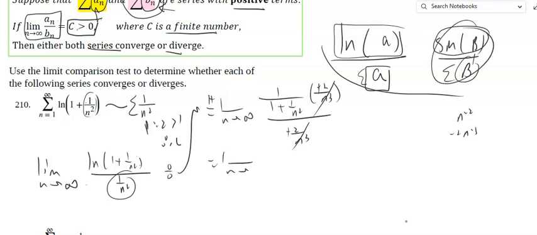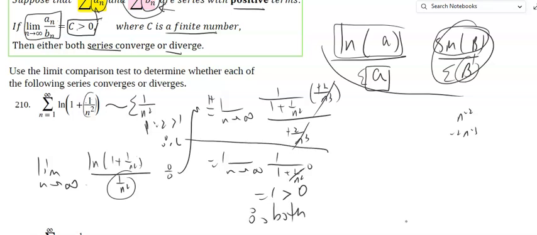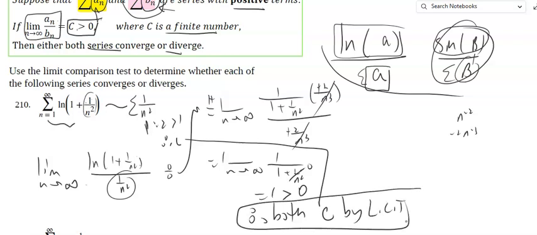That is the limit as n approaches infinity of 1 over 1 plus 1 over n squared. That's a 1, bigger than 0. Therefore, both converge by limit comparison test. And the reason here I don't restate this is because I'm saying both of those, the one that I created and the one that was given, both converge.